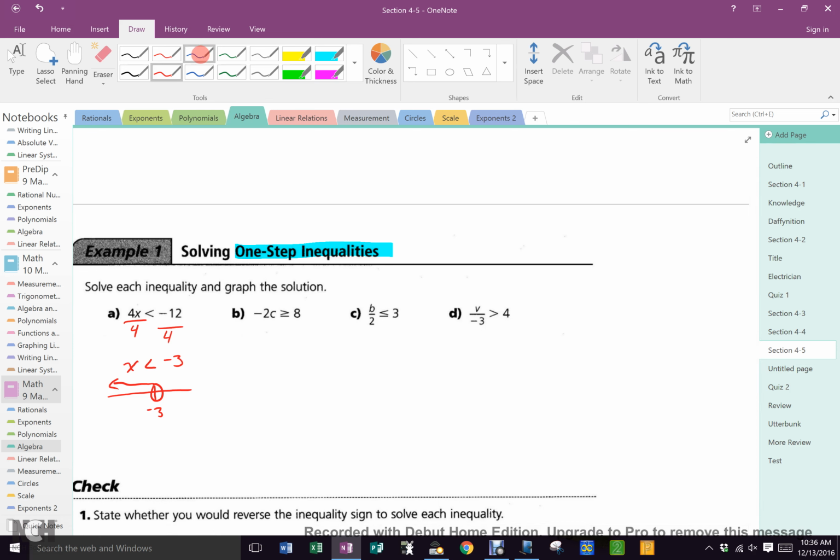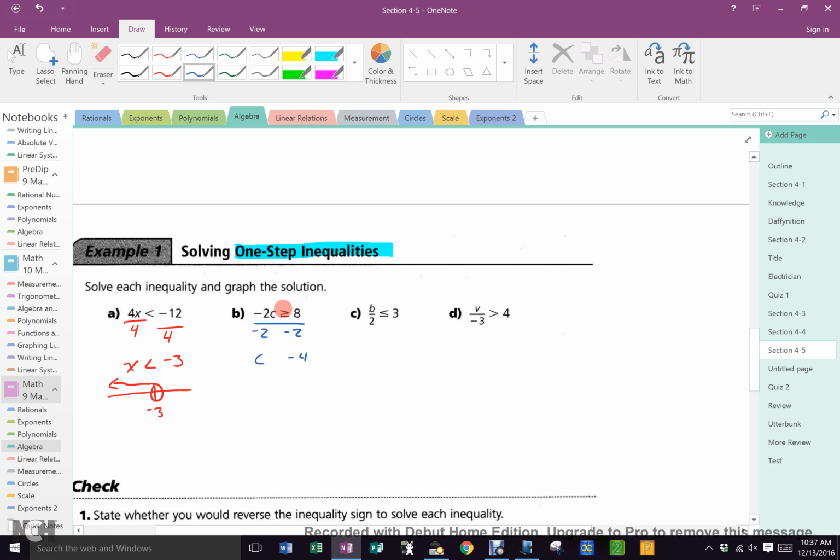All right, now, your turn. What do I got to do to get C by itself? Divide by negative 2. They cancel. C. 8 divided by negative 2 is negative 4. What happens to the sign?